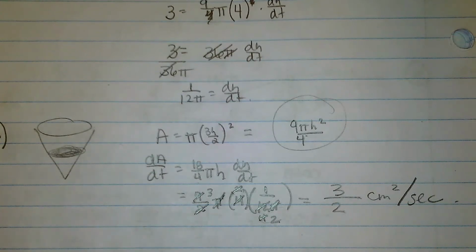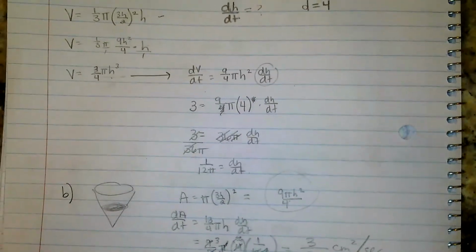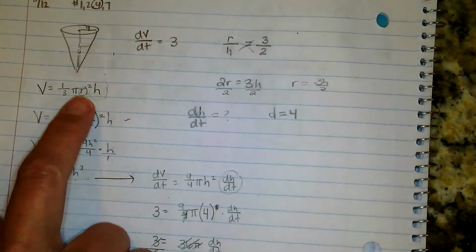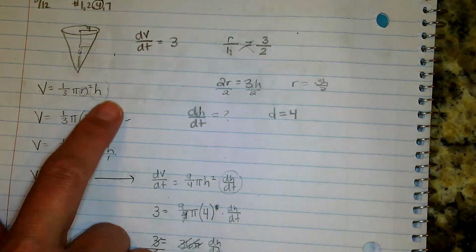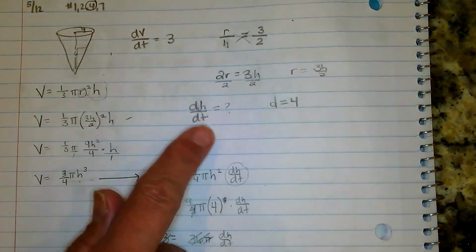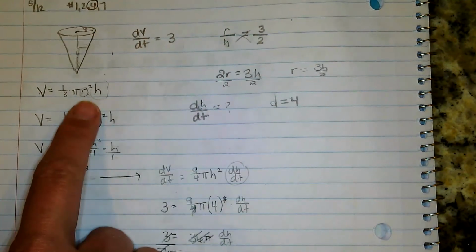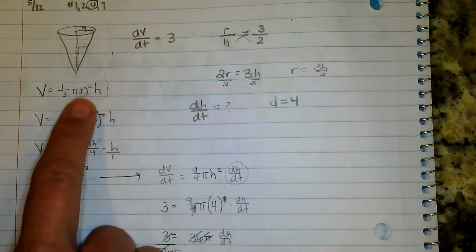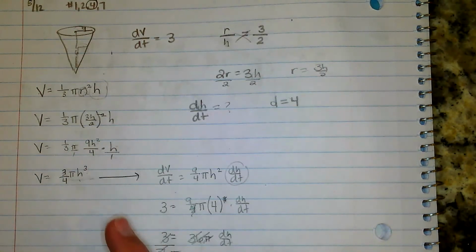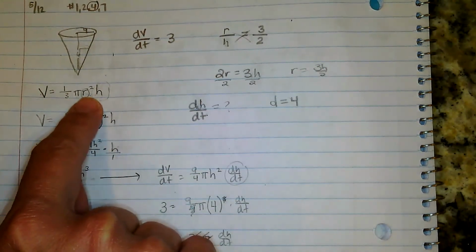I hope that helps. The videos you guys are watching I made 2 years ago, so I feel like maybe the transition was right around then, but I started to substitute things out early on, kind of the way I explained here. Since I knew my focus was on finding dh/dt, I found a way to get rid of that r and put it in terms of h and clean up the original equation first, so that when I differentiated, number 1, I didn't have to do a product rule.